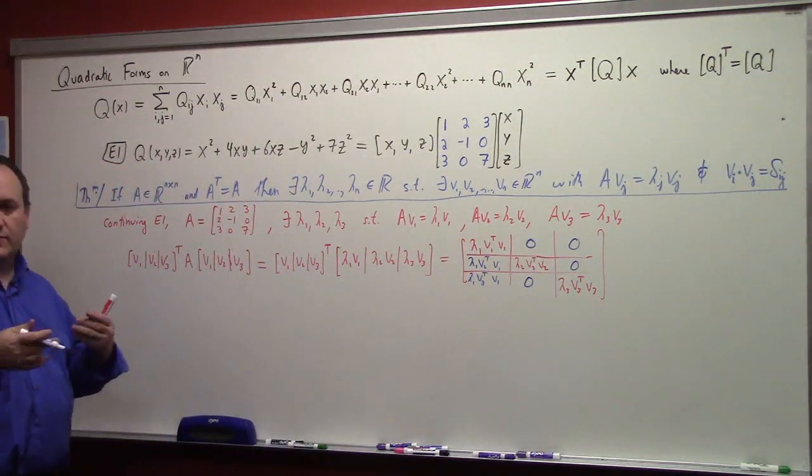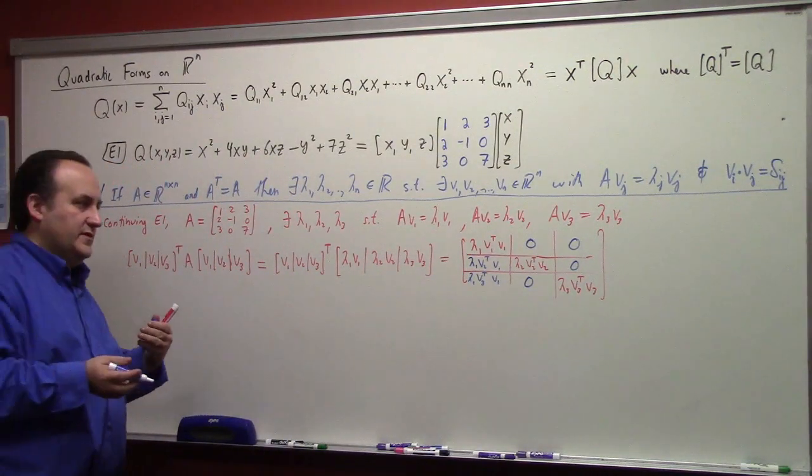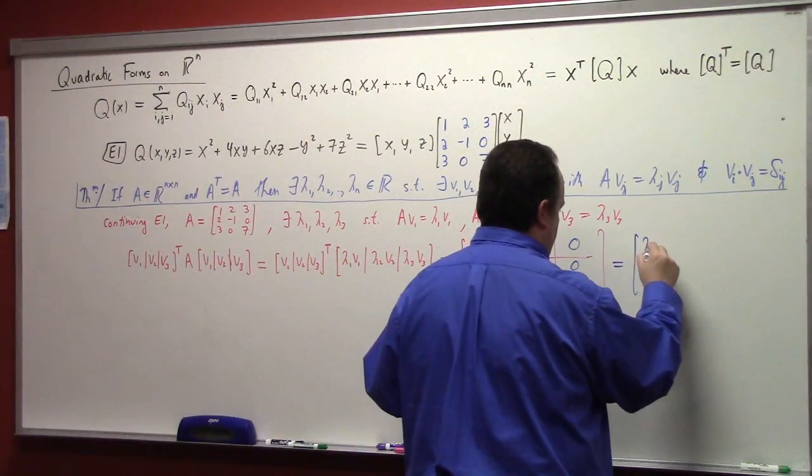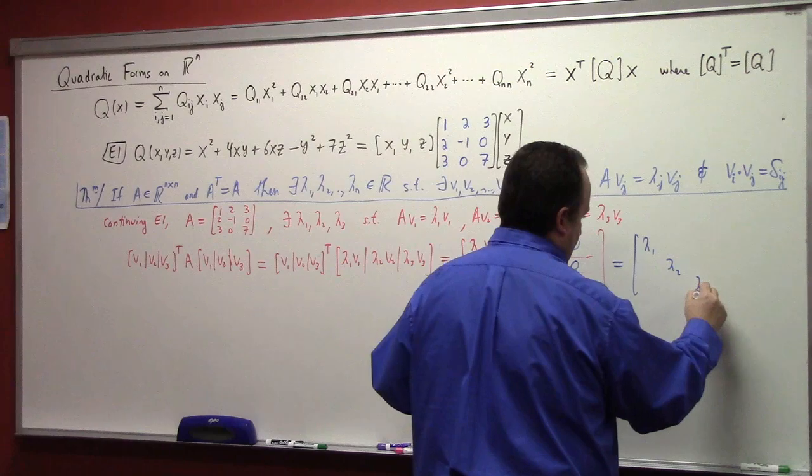It's orthonormal. So only the diagonals are 1, and you straight got lambda 1, lambda 2, lambda 3.